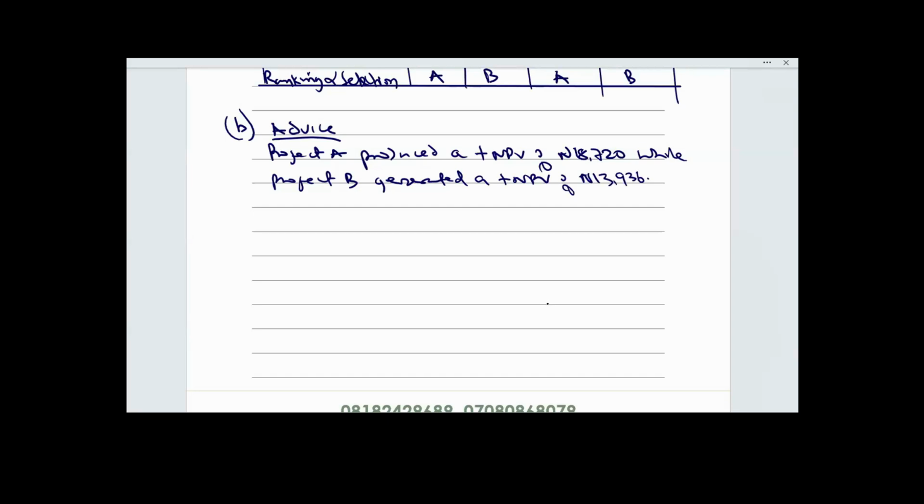So you then say project A, with a higher positive NPV relative to project B, should be selected.